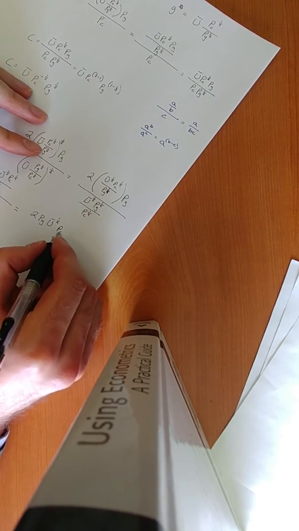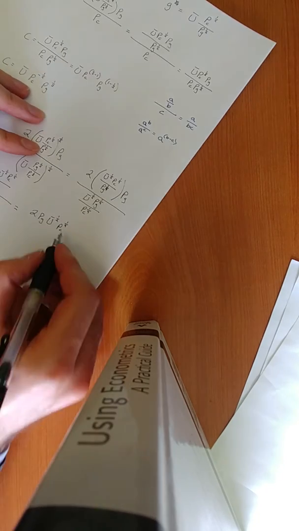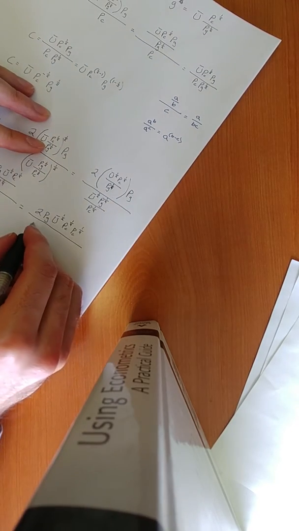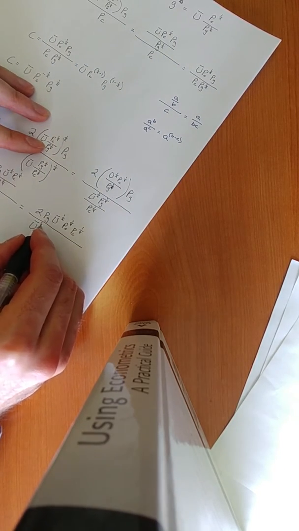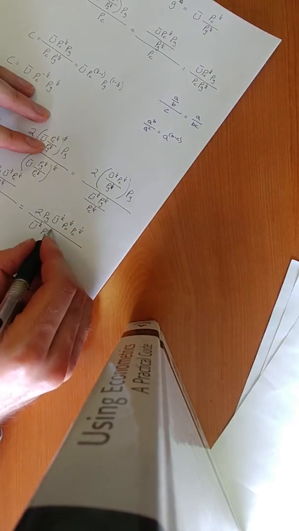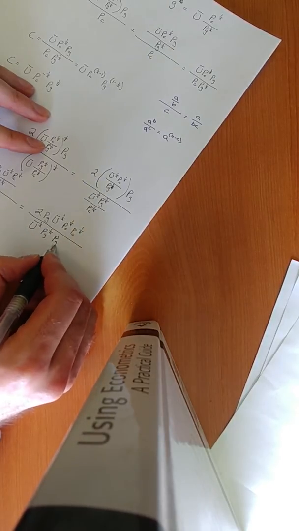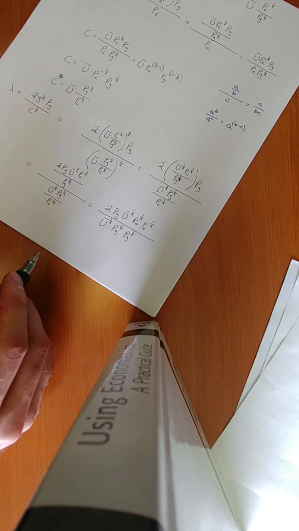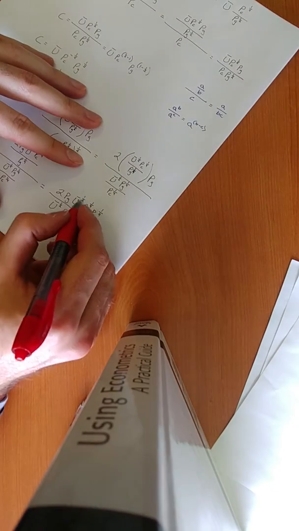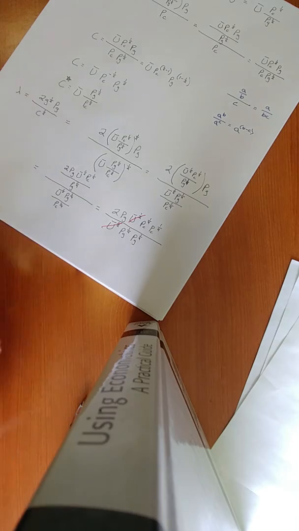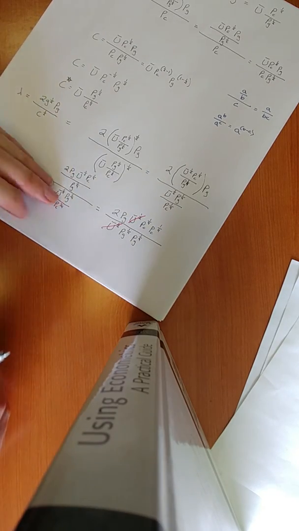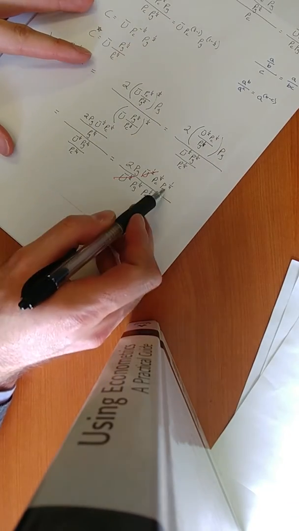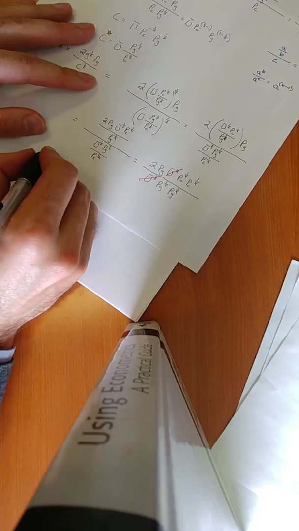Okay. PC to the 1/4 times PC to the 1/4 divided by U bar to the 1/2 PG to the 1/4 times PG to the 1/4. Okay, so now we can simplify this. Cancel those out. Multiply these.